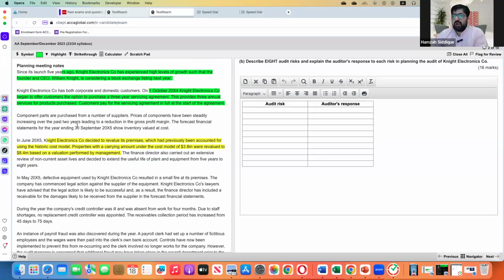The component parts are purchased from a number of suppliers. Prices of components have been steadily increasing over the past 2 years, leading to a reduction in the gross profit margin. What is it? Anything come to your mind?